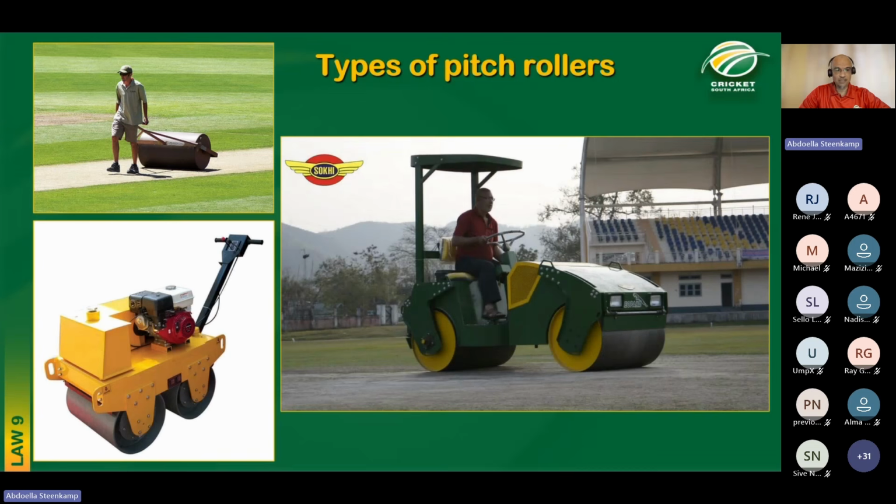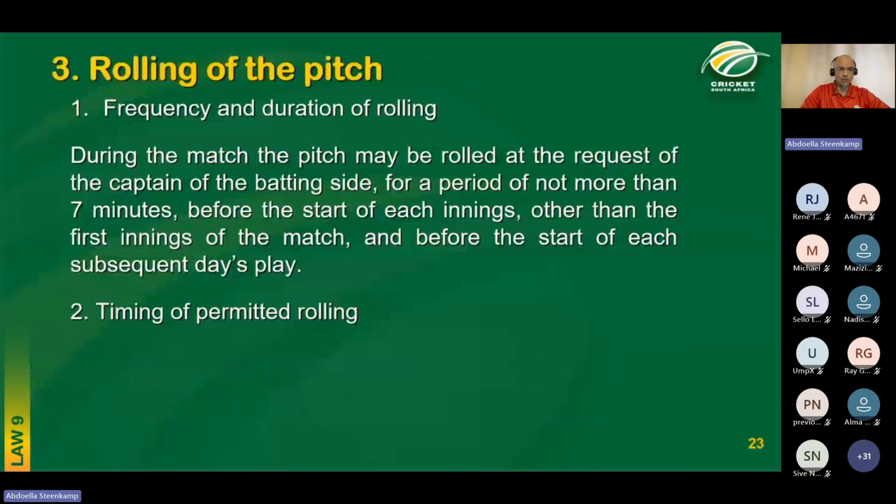On the top left is like a hand roller, a push roller. Bottom left is, let's call it a medium roller. And then on the right hand side, that's your big or heavy roller. So usually what happens, and let's go to before the start of each subsequent innings, let's take our test match between South Africa and let's say Sri Lanka.